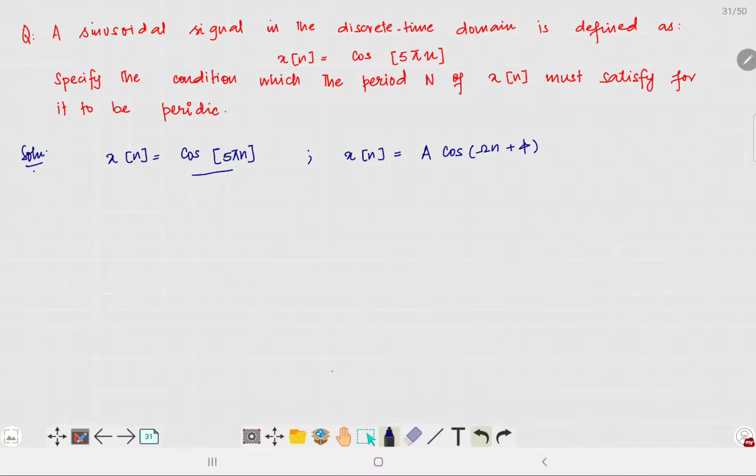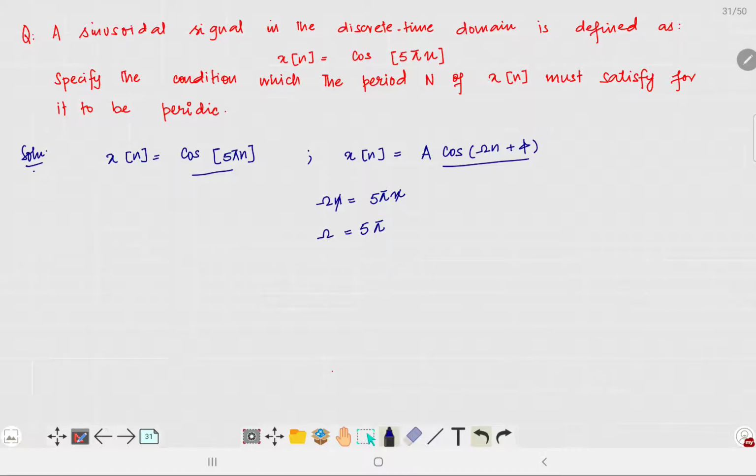If you compare the two, obviously the amplitude is unity, and we're not bothered about that. It doesn't have a phase angle, so phi is 0. Our comparison gives us that omega n is equivalent to 5 pi n, which means omega has a value of 5 pi.